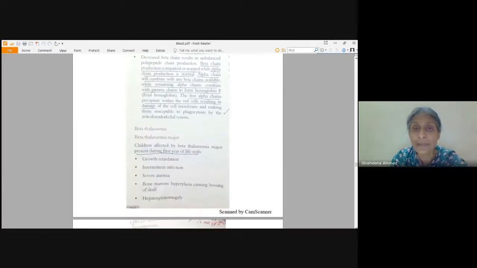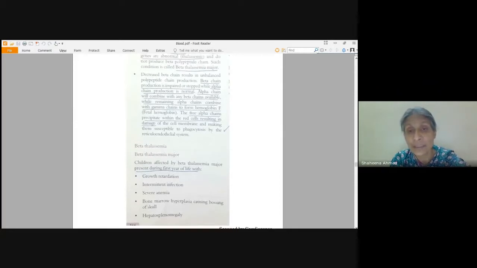Now, in case of thalassemia major, the problem is, as both the genes are abnormal, we do not get normal formation of beta chains. So, in this case, the formation of beta chain is reduced. Now, what is happening? The beta chains are abnormal, but the alpha chain production is absolutely normal.